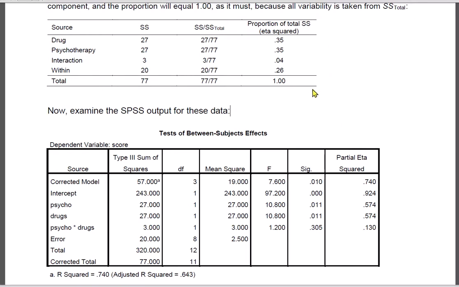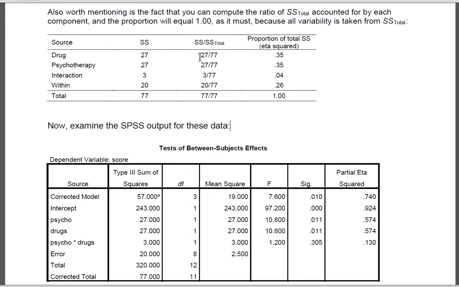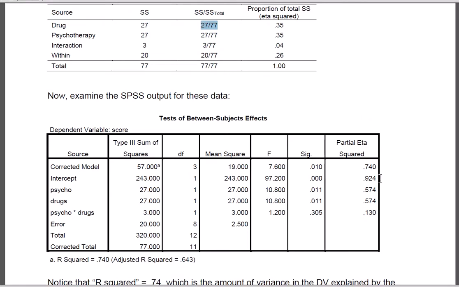But I wanted to point out that what we're looking at here is the ratio of treatment effect or non-treatment effect to the total effect, and that these have to add up to 1. When we're talking about partial eta squares, it's like a partial correlation, which I'll get into in the next section when I start recording videos on correlations, but they do not all add up to 1.